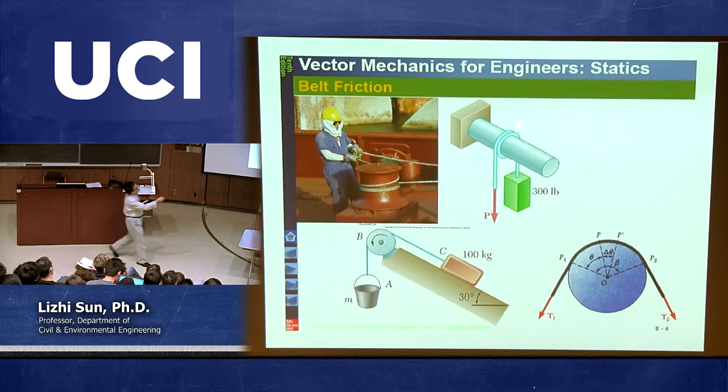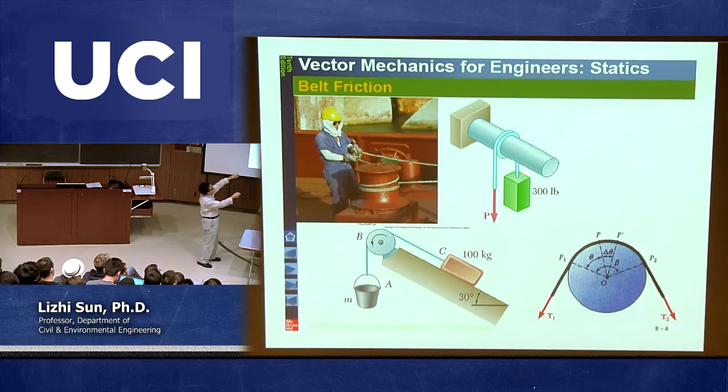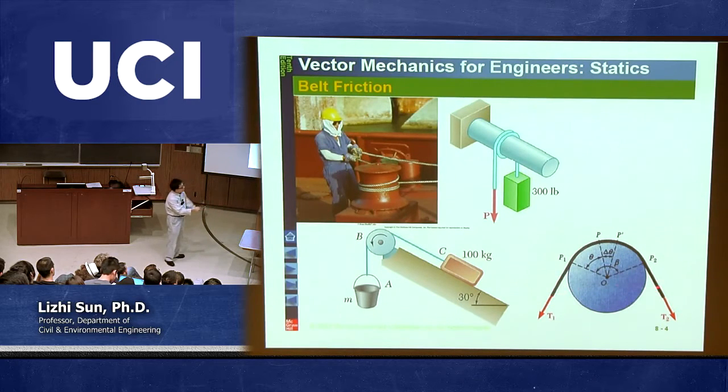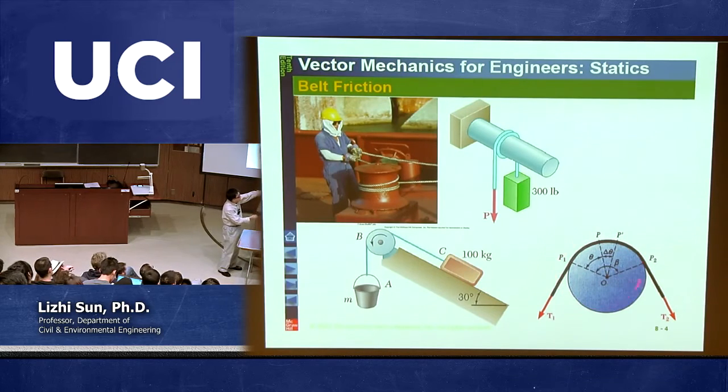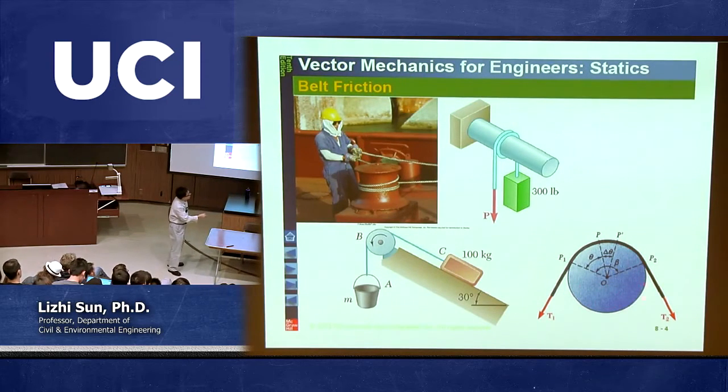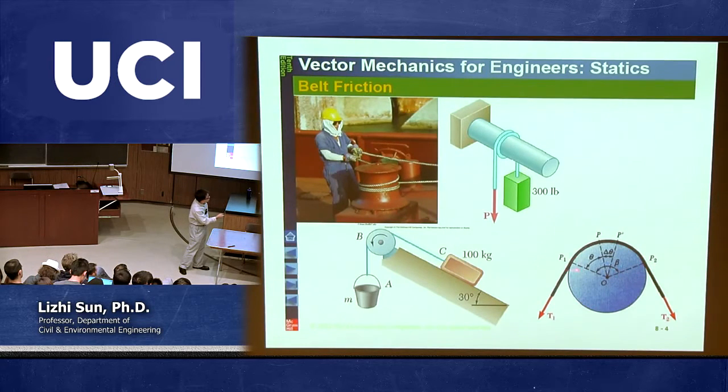And sometimes you see when you're trying to hang something on a crane, for example, you may have more circles with this cable to increase the friction. The bottom line is, once you have a belt passing through a circle, a wheel, or a pulley, for example, then you need to know how to calculate the friction over this contacting angle, which is called beta.